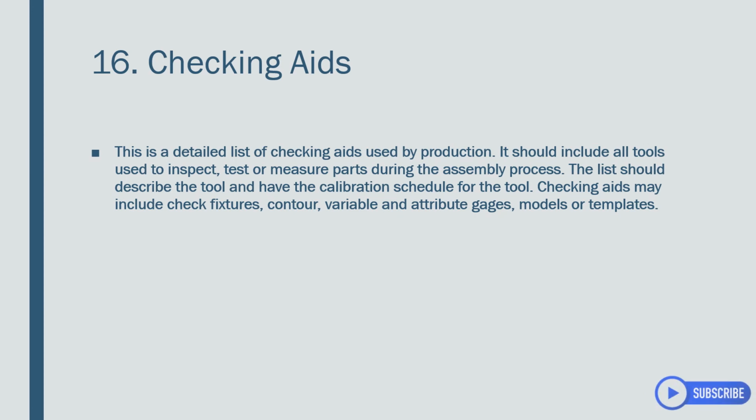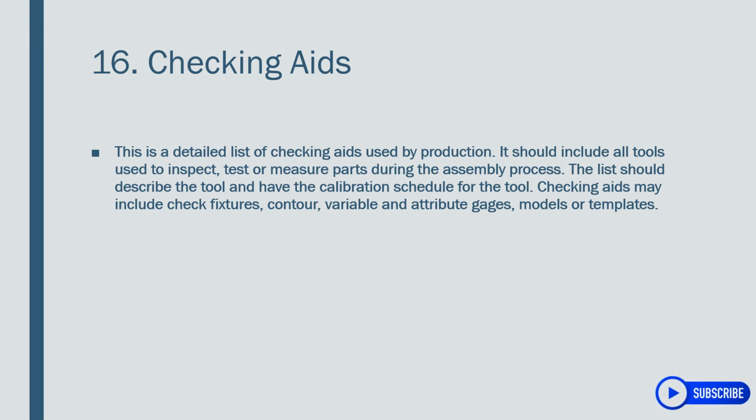The 16th element of PPAP is checking aids. The checking aids should consist of all the inspection instruments which are used to inspect, test or measure the parts during the assembly process. This list should also describe the tools and the calibration schedule for the tools used to inspect the part.